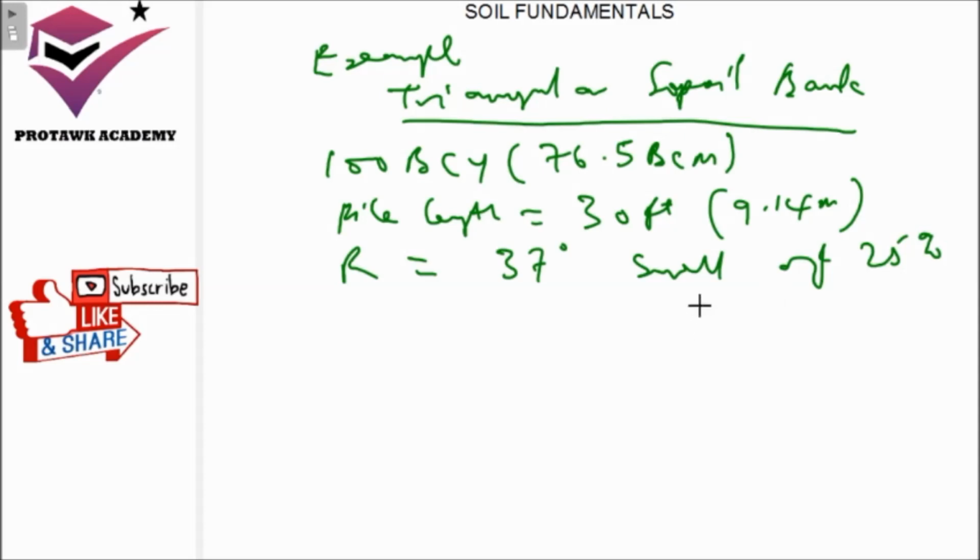So what do we need to do? We first of all calculate the loose volume. To solve this, we call this the solution. We first of all get its loose volume.